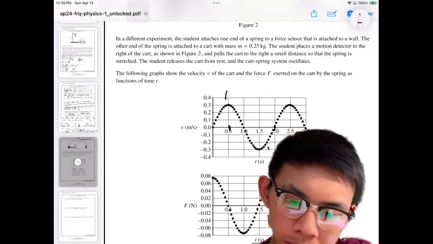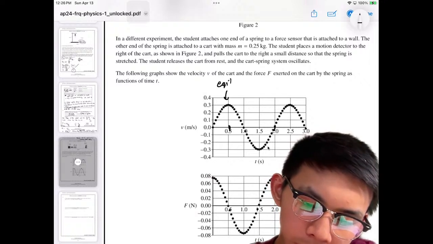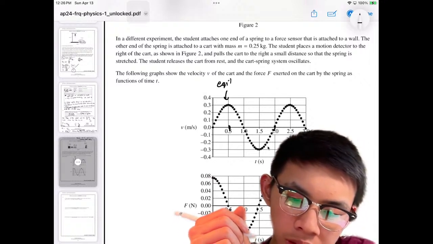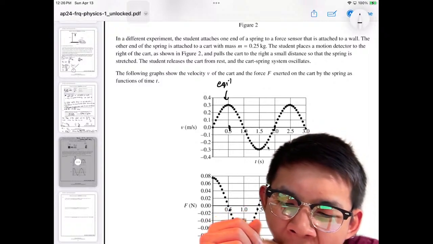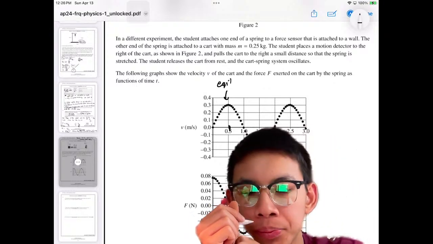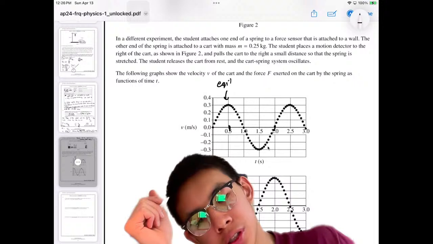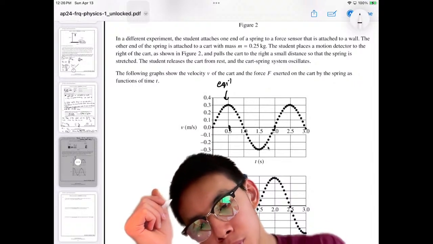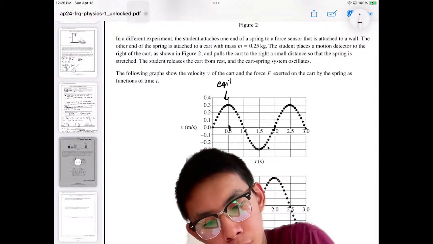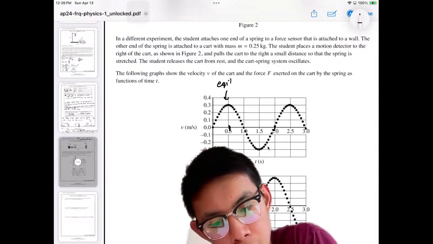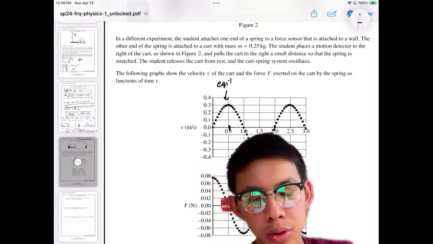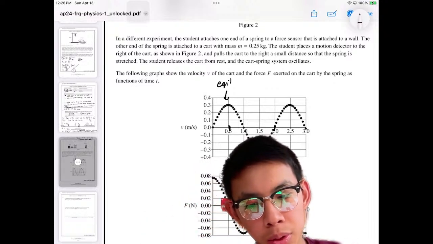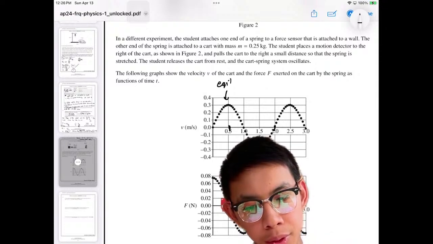So this is at the equilibrium. That's the highest speed. And then it's gonna go stretched, pull, stopped, equilibrium, left, equilibrium.